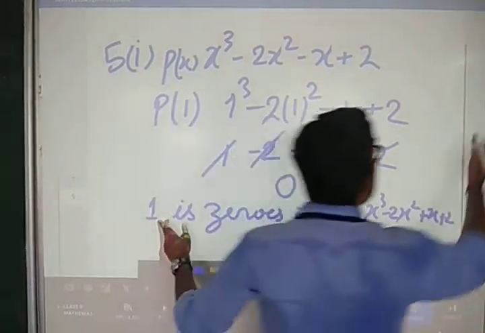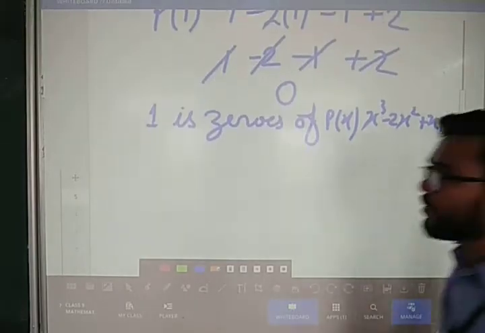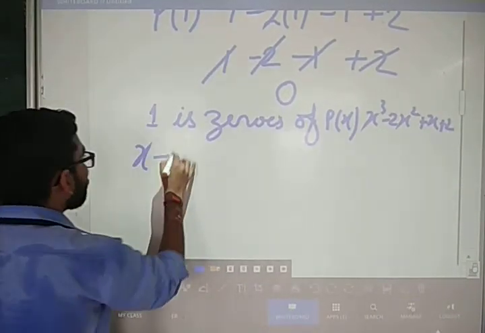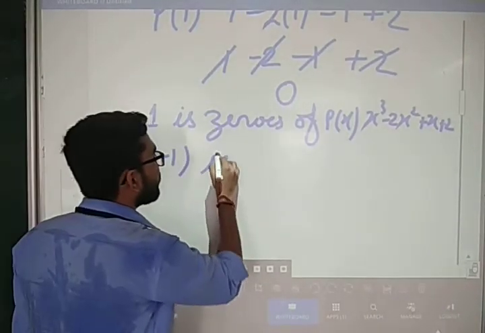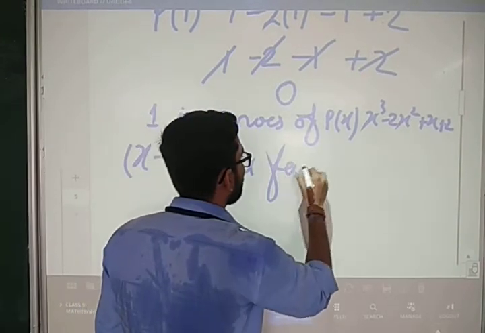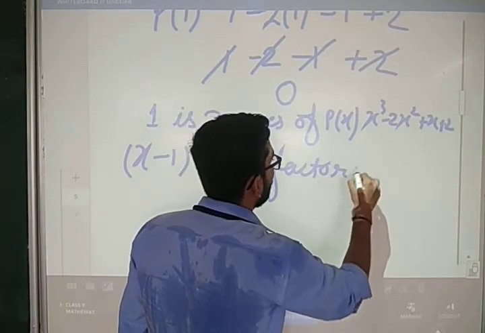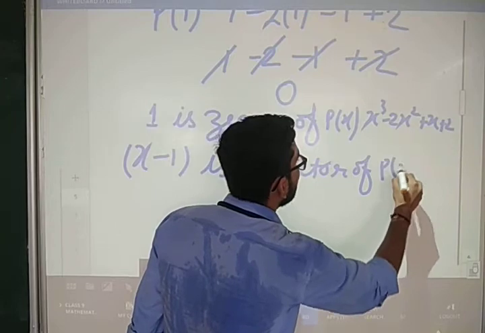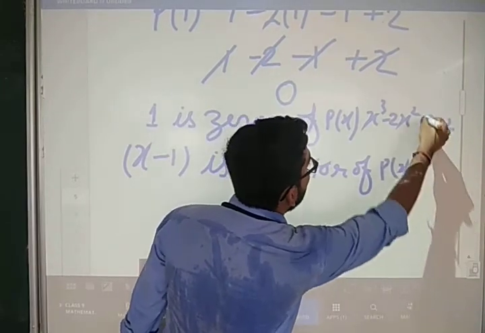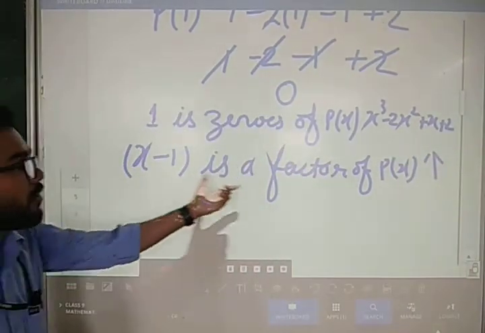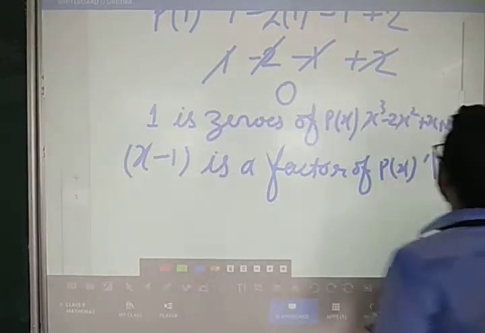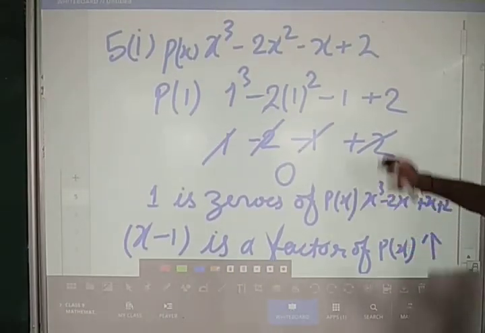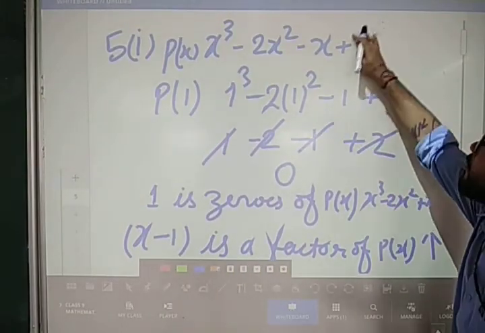So if 1 is the zero of the polynomial, it means that x minus 1 is a factor of this given p(x). You just need to find the factors of the constant term.